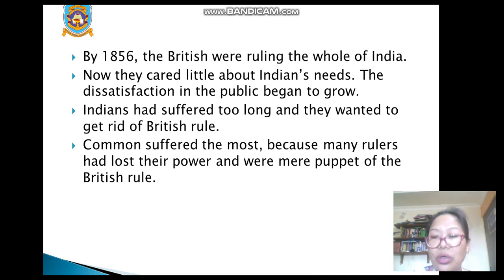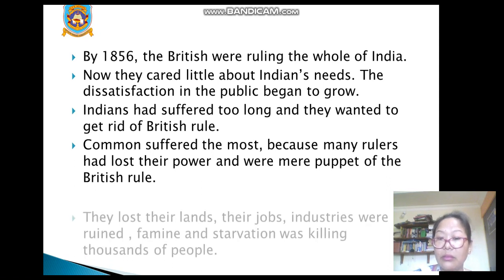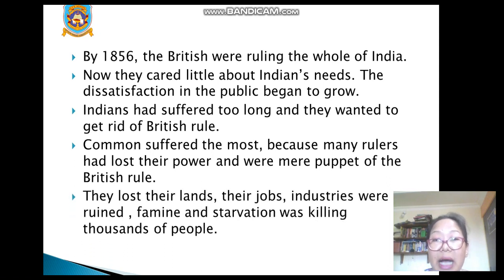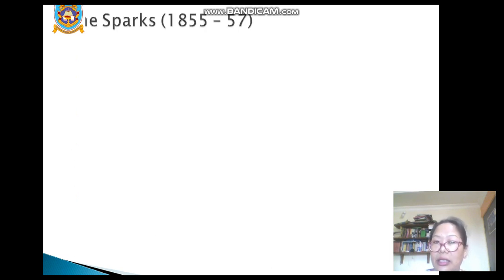They had to obey whatever was asked of them. Indians lost their lands and their jobs, because if they could not pay heavy taxes, their lands were taken away, their jobs were lost, and their industries were ruined. Famine and starvation were killing thousands of people. So this was the situation under British rule.